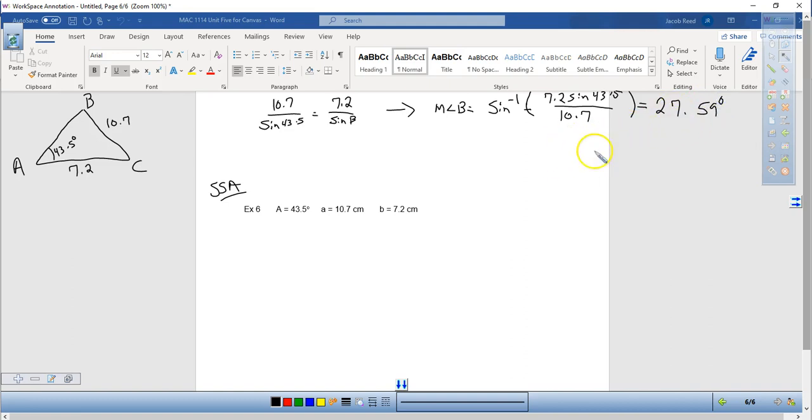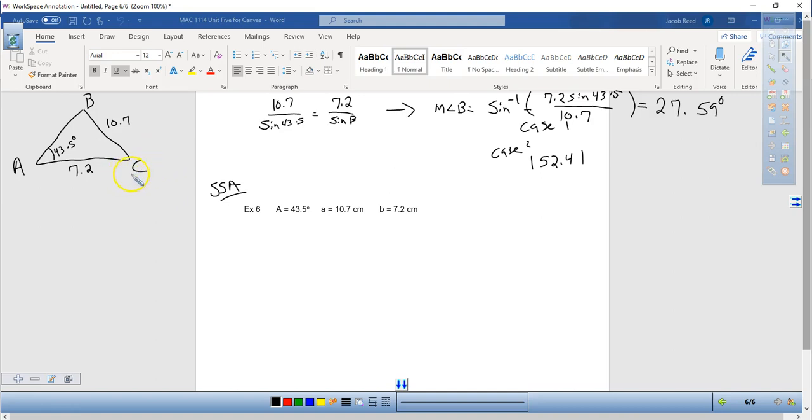Alright, 27.59. So that could be case 1. I'm going to do 180, subtract 27.59, and I get, so case 2, of 152.41. Well, this does not work. 152.41 plus 43.5 would be 195.91.